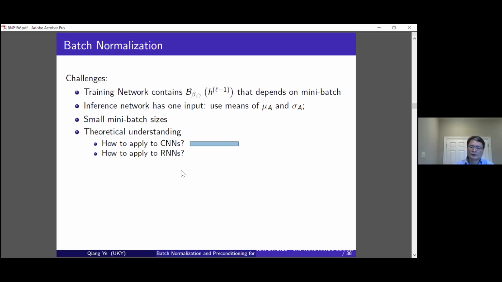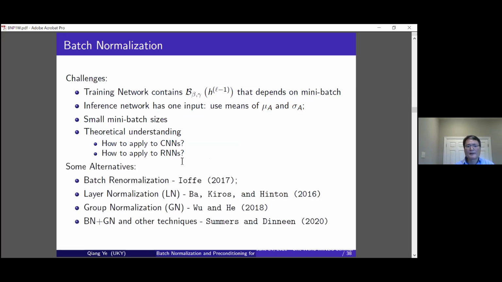For example, when BN is applied to CNNs, the mean and variance are computed in some particular way, but it's not clear why. And the same for RNNs, recurrent neural networks.